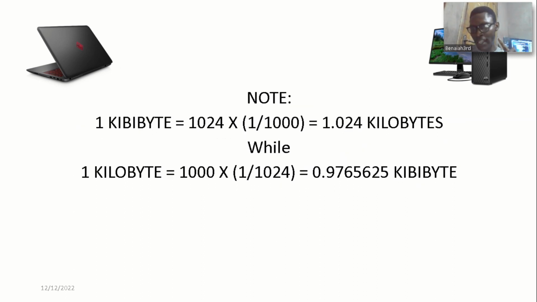Now, 1 kibibyte is equal to 1024 times 1 divided by 1000, which will give you 1.024 kilobytes. So 1 kibibyte is equal to 1.024 kilobytes, while 1 kilobyte is equal to 1000 divided by 1024, which will give us 0.9765625 kibibyte, which means that 1 kilobyte is 0.9765625 kibibyte.